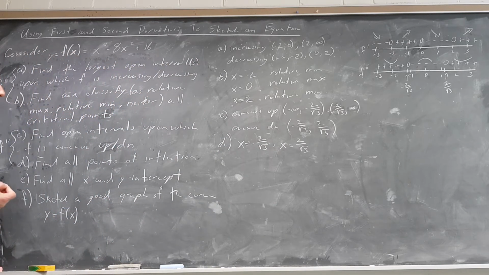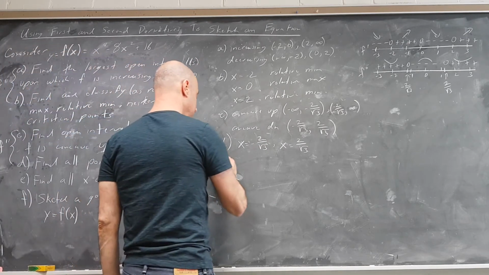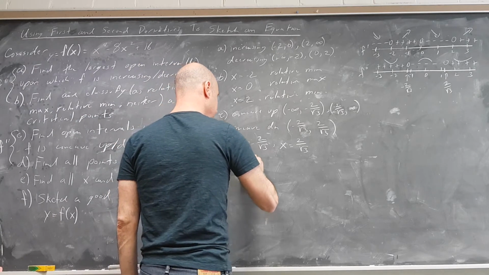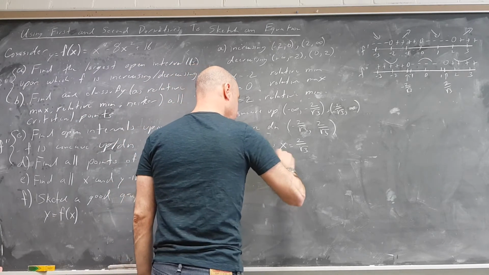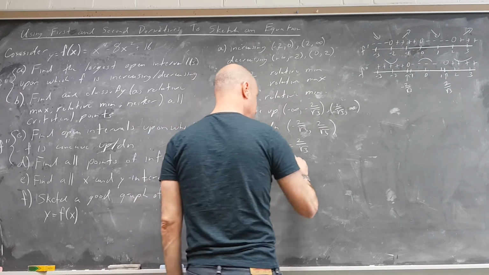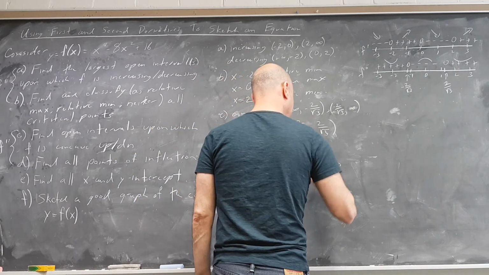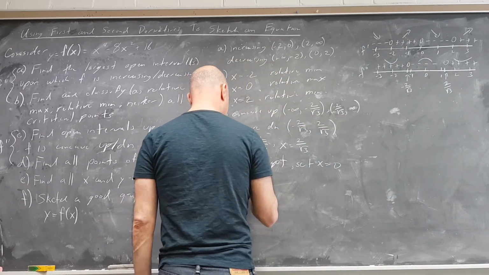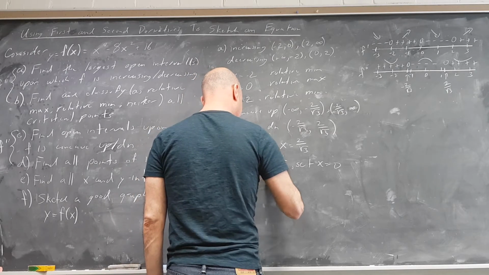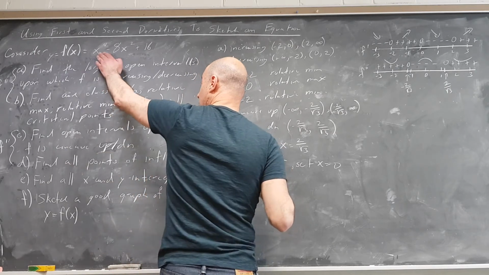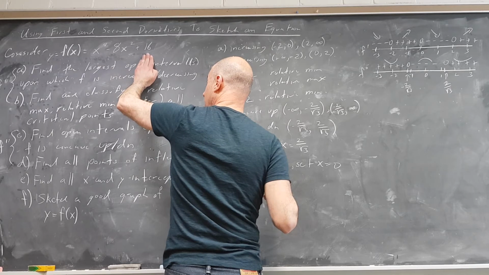E, find all our x and y intercepts. So for our y-intercept, there's only going to be one of those. Set x equal to 0. So y equals f of 0. Again, now we're plugging back into the original equation.